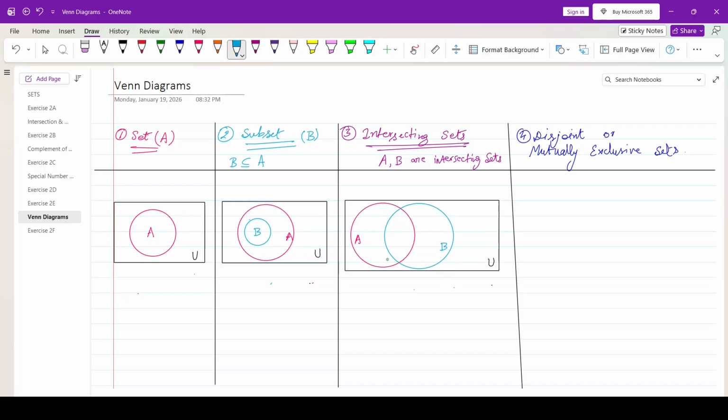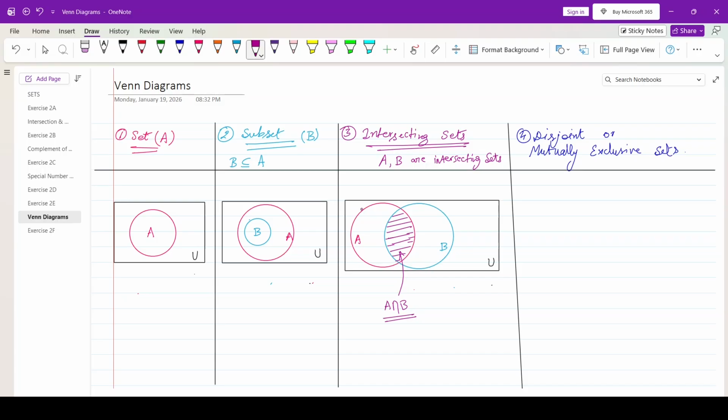Now we know A and B share a common area, which is this part. Now this part over here is what we call A intersection B. And sets A and B are called intersecting sets.